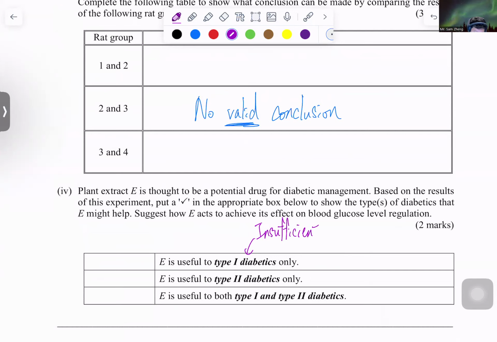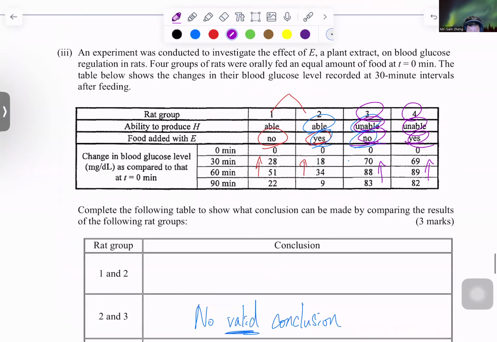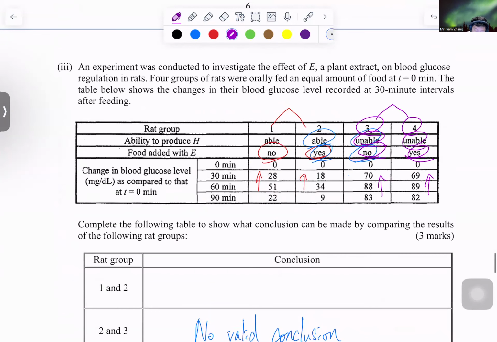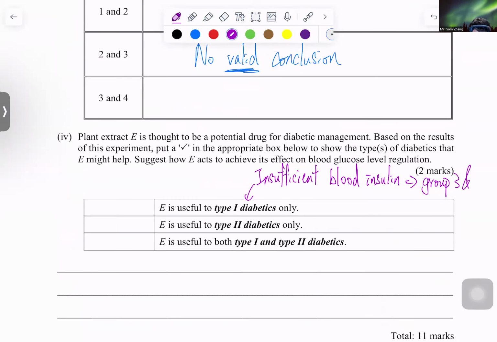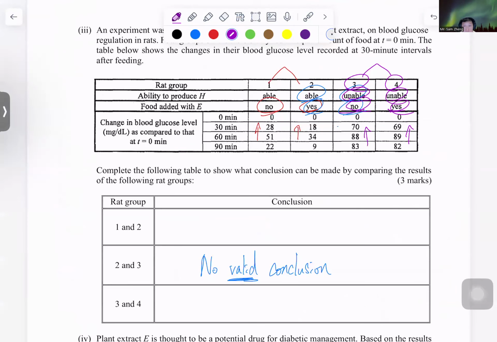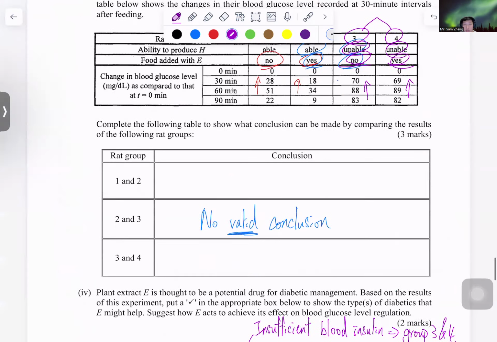It produces insufficient blood insulin. So in this case, which group does it look like? It looks like group 3 and 4, because both of them cannot produce a sufficient amount of insulin.